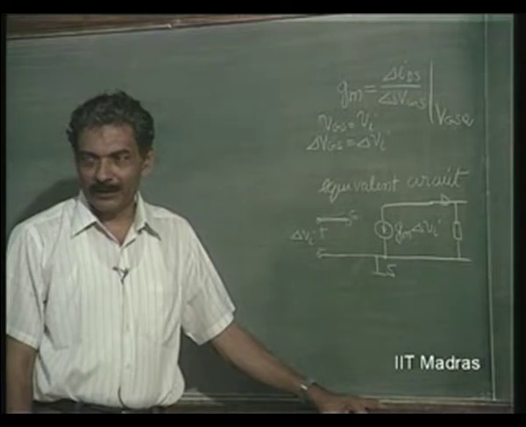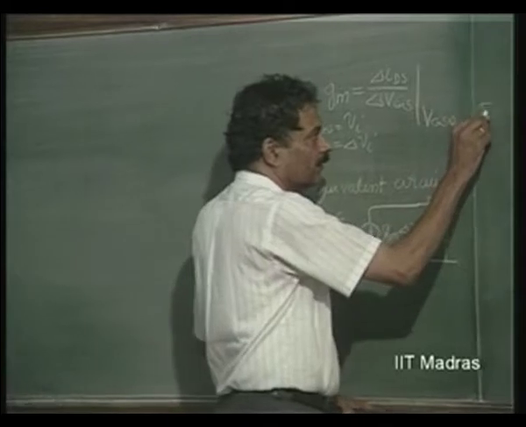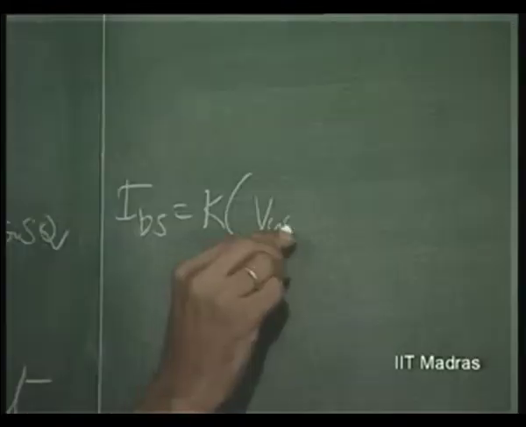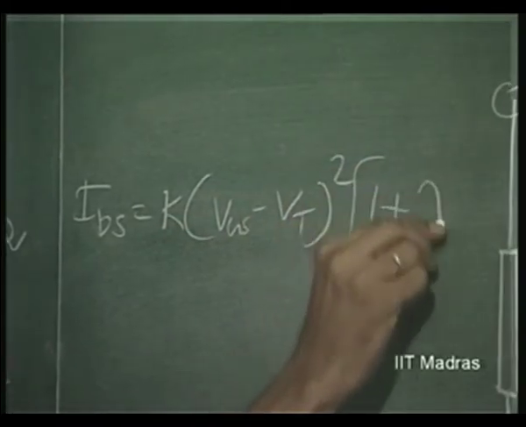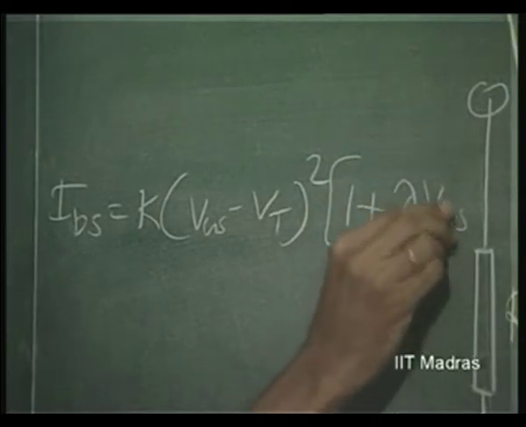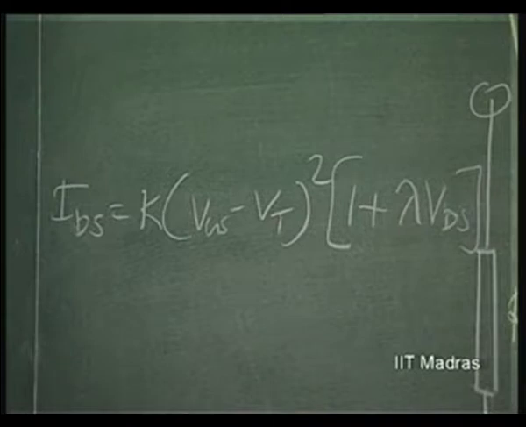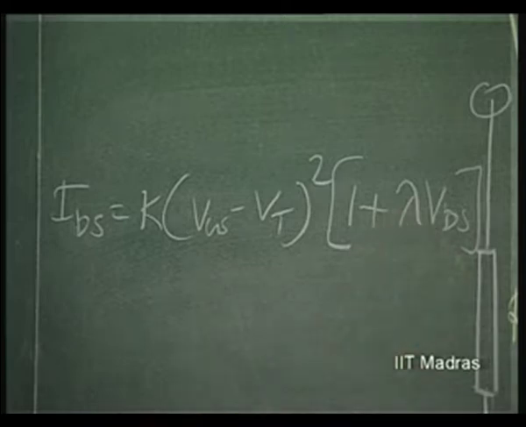In the equation, the current IDS was given as K into VGS minus VT whole squared into 1 plus lambda times VDS. So it was dependent upon VDS. The so called saturation current was not really remaining constant, it was increasing with respect to VDS, and this lambda factor we brought in.